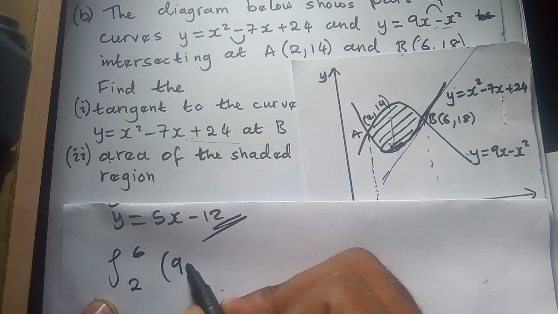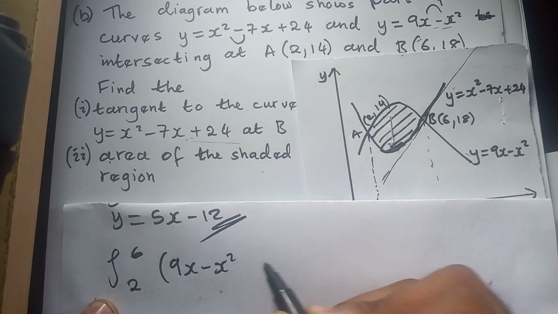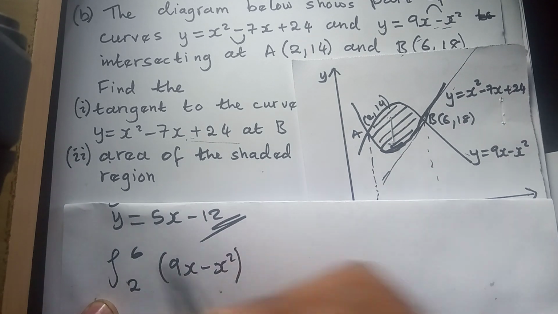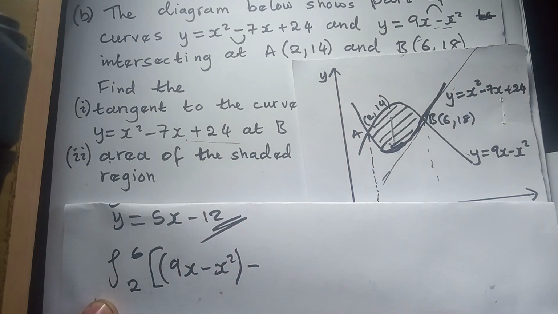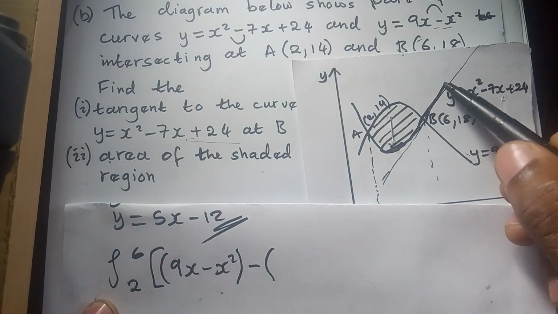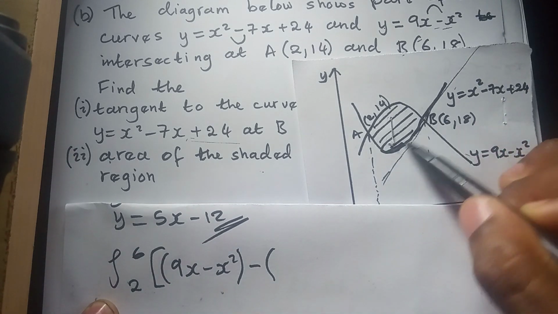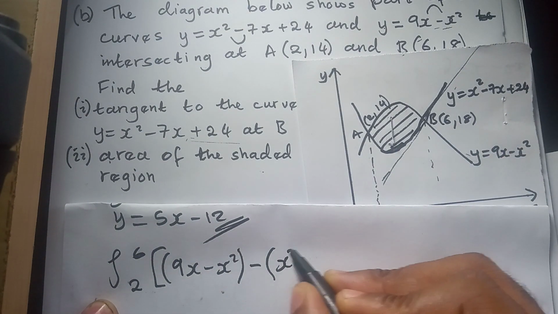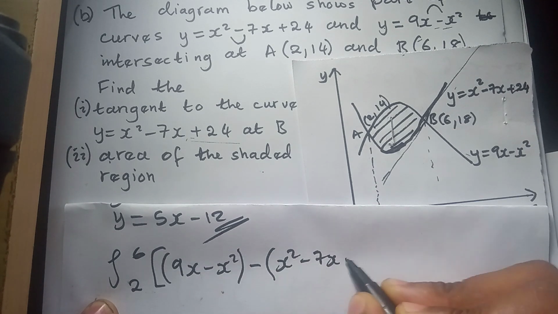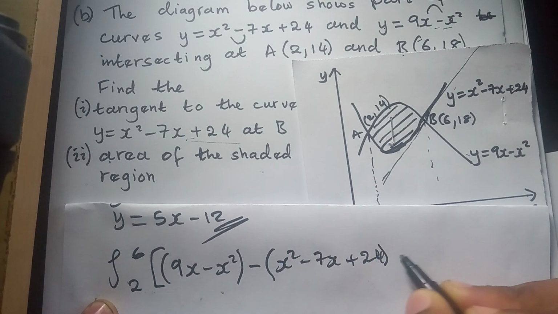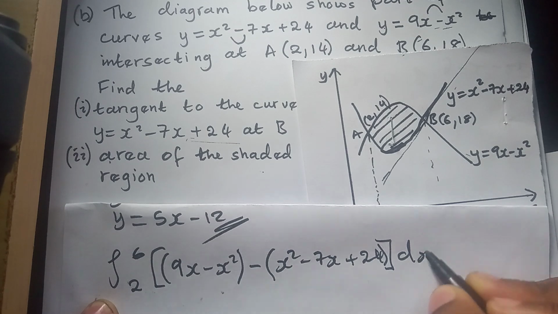So we have 9x minus x squared, and then maybe let me use square brackets to accommodate round brackets, minus the area of the smaller area, which is this. We can say x squared minus 7x plus 24, and then we close and we have dx.